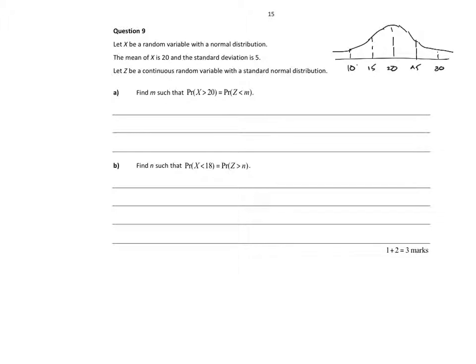Find the probability that X is greater than 20, is the same as the probability that Z is less than M. Geez, they're similar questions, aren't they? So straight away, enough mucking about. 20 is my halfway mark. So I need the probability that Z less than M is equal to a half. And I know that for Z, that's got to be equal to 0. M is equal to 0.